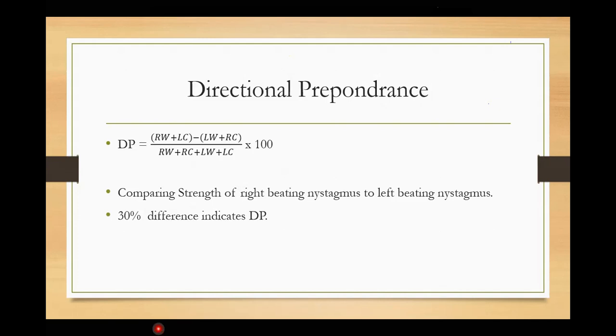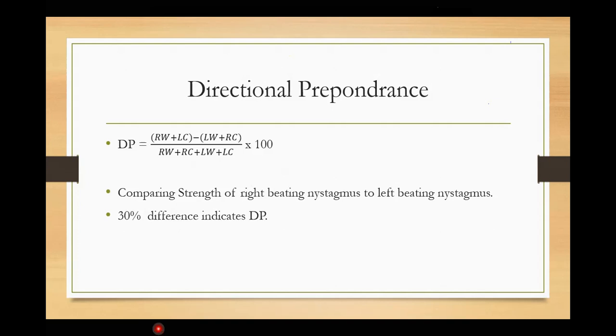Okay, so that's why we have taken right warm and left cold, and then left warm and right cold. So we know how the nystagmus is beating, which means if we stimulate right warm and left cold, we are going to have right beating nystagmus. If we stimulate the left warm and the right side with cold water, we are going to have left beating nystagmus, right? So we are comparing these two.